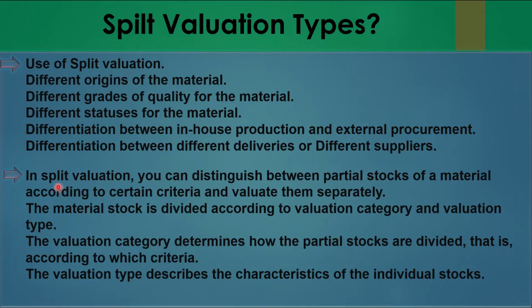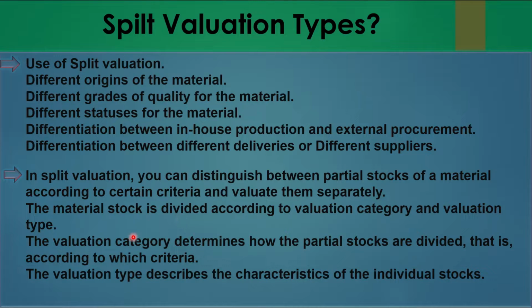So in split valuation, you can distinguish between partial stocks of a material according to certain criteria and evaluate them separately. It means although you can see the complete stock, if you want, you can check or differentiate that stock separately according to its valuation.